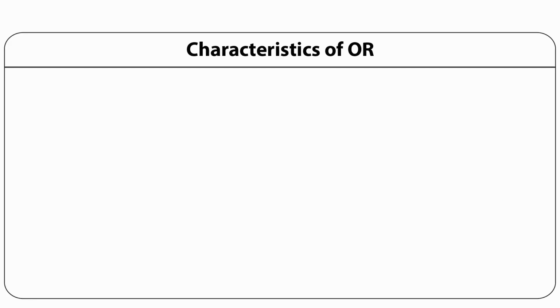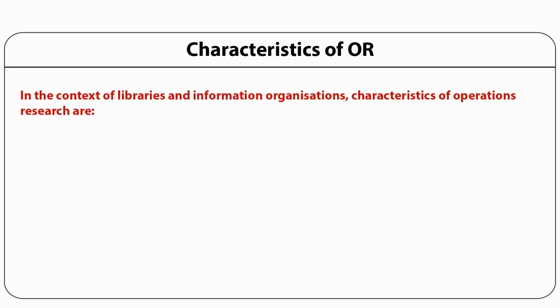Characteristics of operations research in the context of libraries and information organizations: it addresses specific problems within specific programs. In fact, in libraries there are some problems which are specific only to libraries, so these can be solved by applying specific programs.